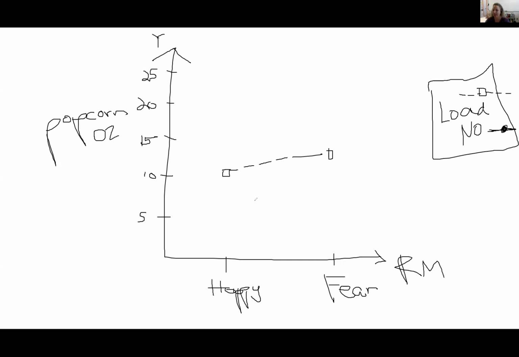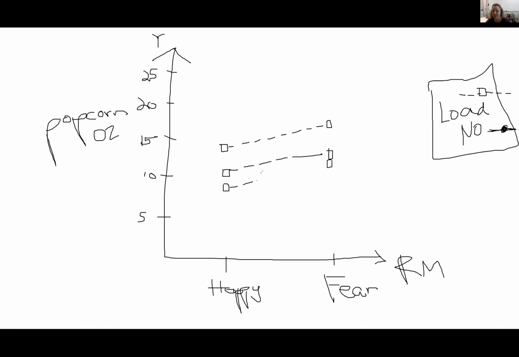No. There's my dash one. Okay. Now the second person, they're also in this group. They ate 13 in the happy film and 16 in the scary film. Beautiful. Okay. Next person ate 8 in the happy film and 11 in the scary film.